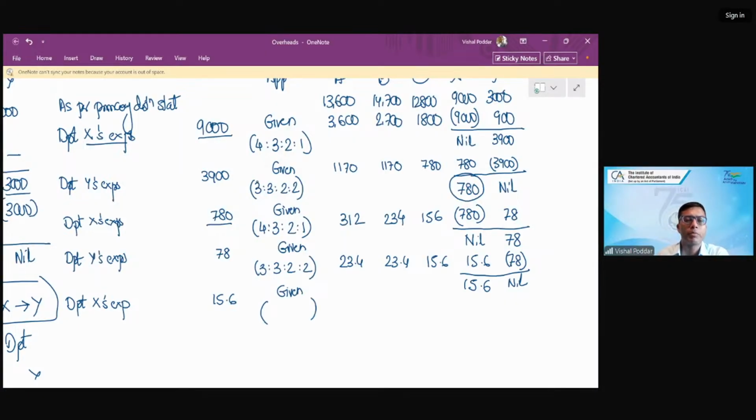When I'm distributing, I will ignore y. If I ignore y, nothing will go to y. And now when I distribute this, my procedure would end. So this is how repeated distribution is done.